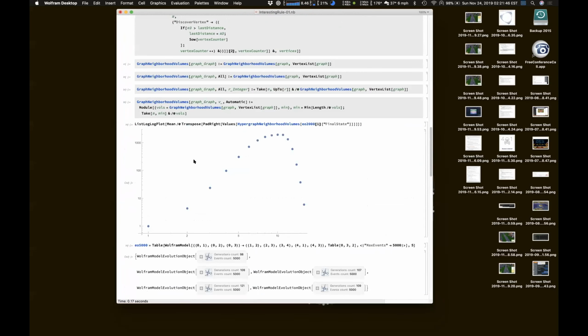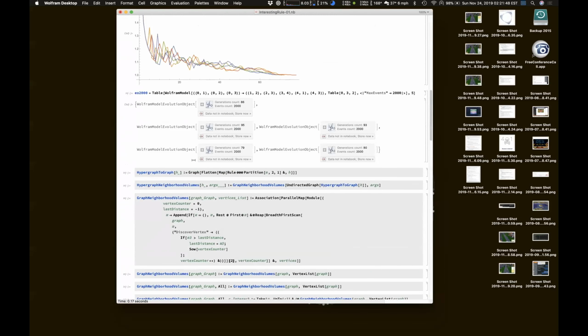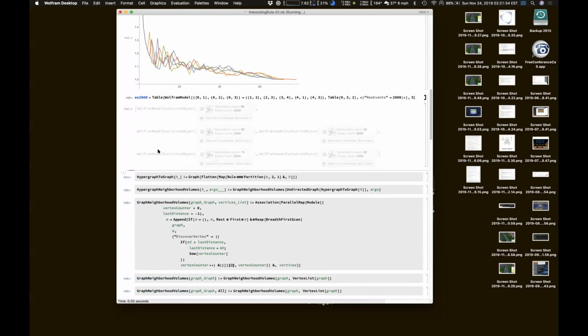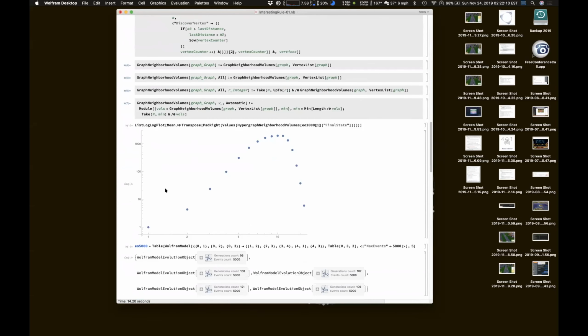Okay, it's killed it too well, apparently. You loaded the Wolfram model packlet. Yeah. Okay.